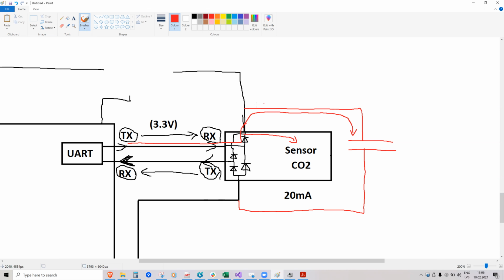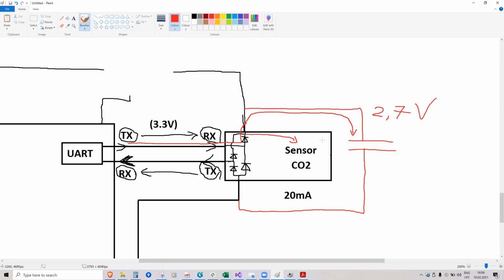And then from this capacitor and from this TX line, the whole sensor is supplied with power. You can calculate, because the voltage drop on this diode is approximately 0.6 volts, then instead of 3.3 volts, here will be 2.7 volts. But at this voltage, this thing will also work.